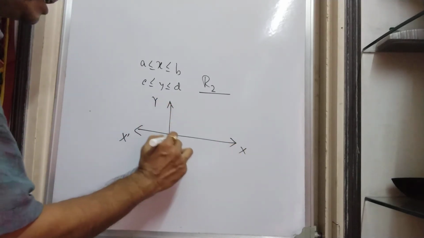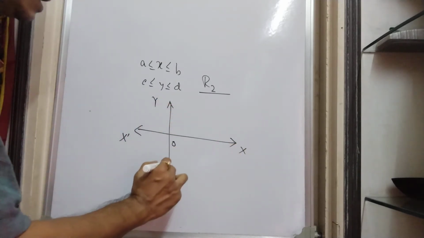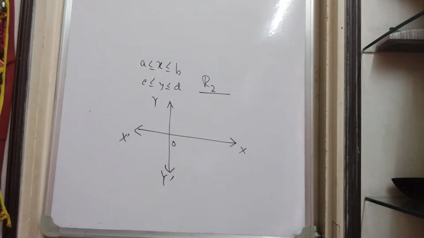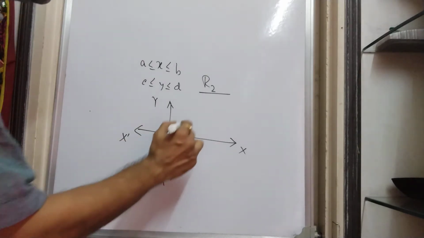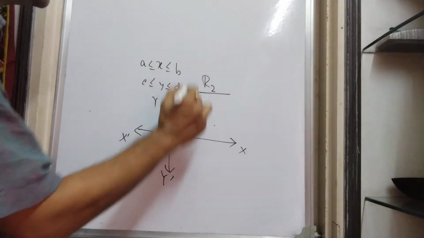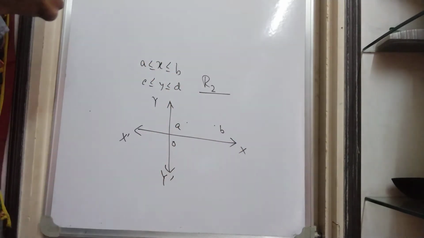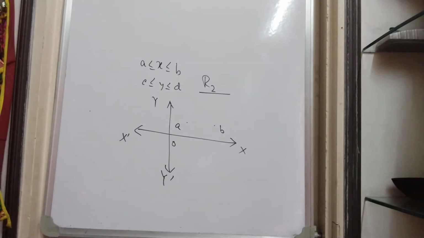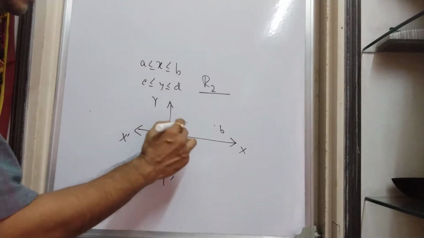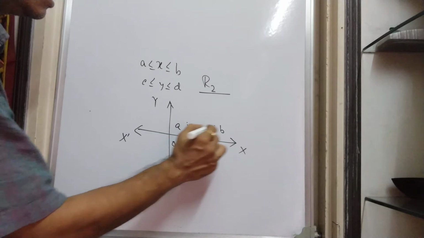We may find the two limits of x as a and b, and the two limits of y as c and d.